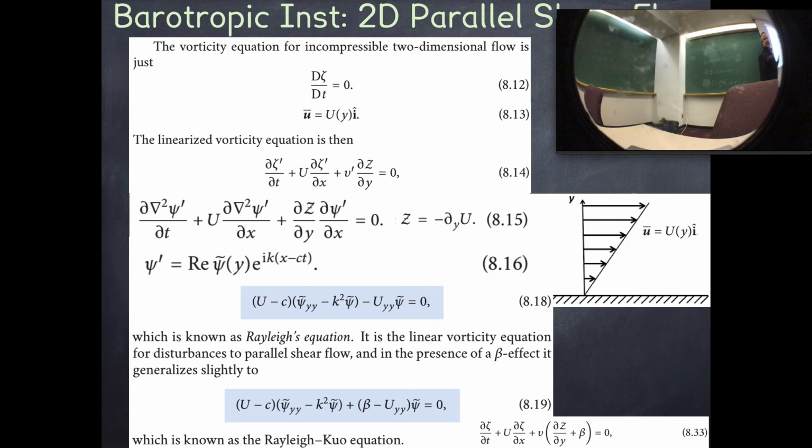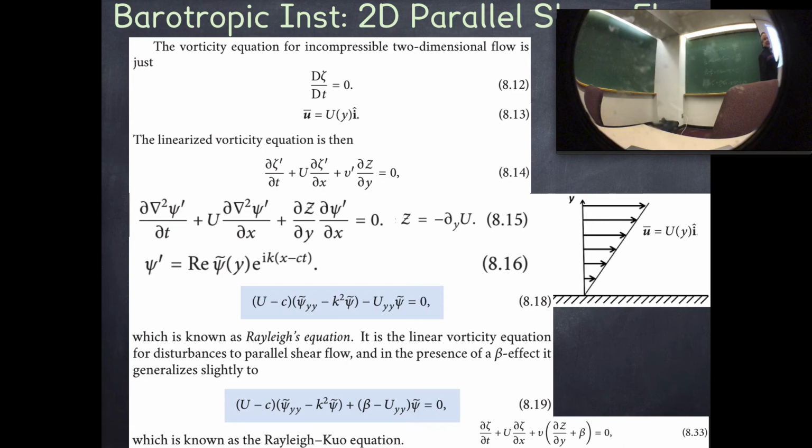And here we go, Vallis has already forgotten something. What do we have to do to get back to the full solution from this part? Sum. We have to sum over all the k's and all the c's that are available. So this is just one example of an unstable mode. It's not all the unstable modes. Okay, so, but here's Rayleigh's equation.